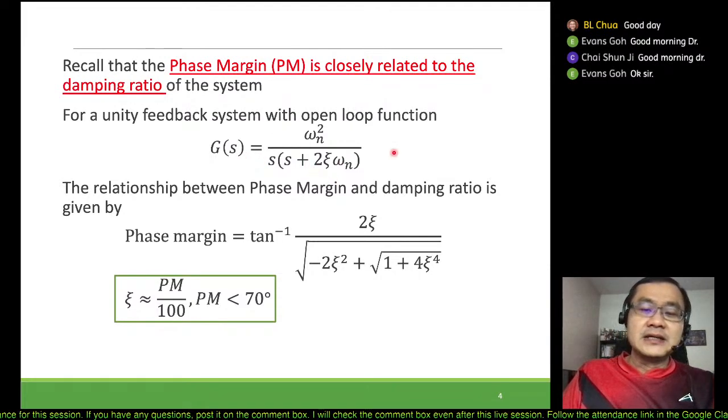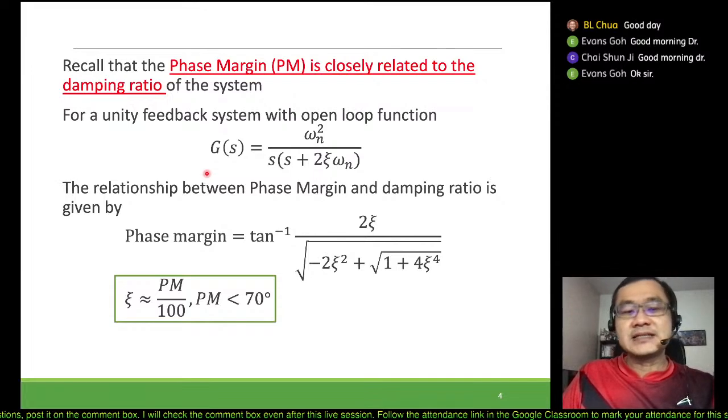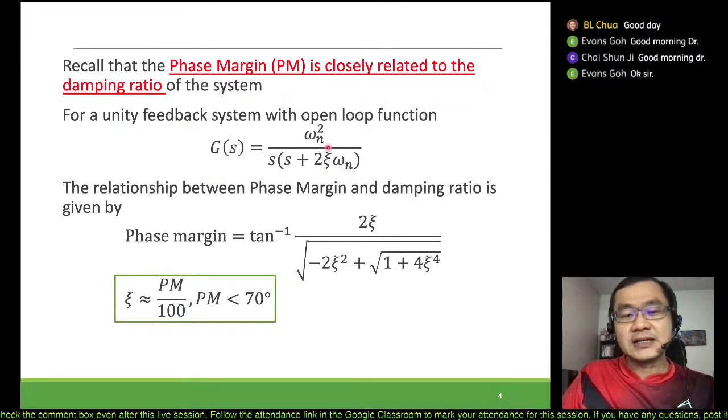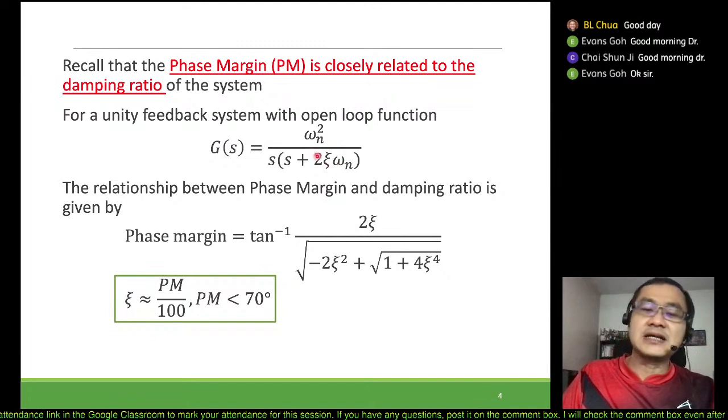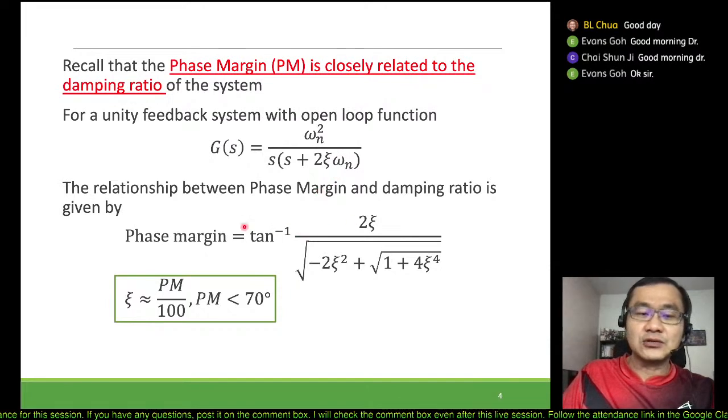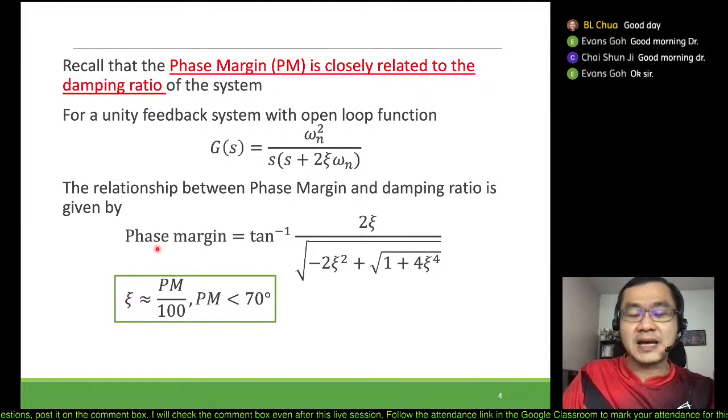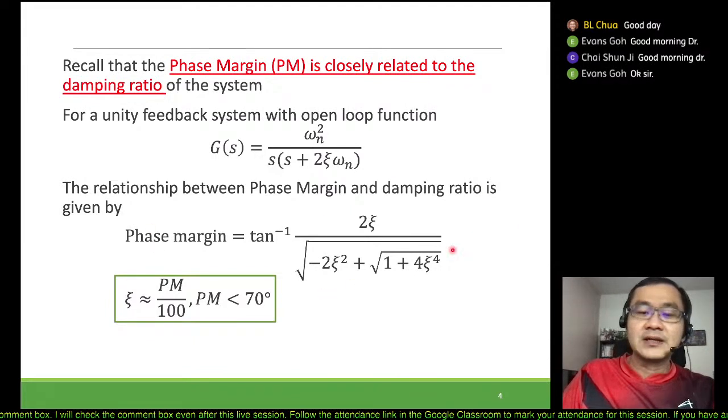When we try to relate this system with the phase margin and the damping ratio, we note that these functions are expressed as functions of the damping ratio as well as the natural frequency. Taking that into account, this is the relation between the phase margin and the damping ratio.